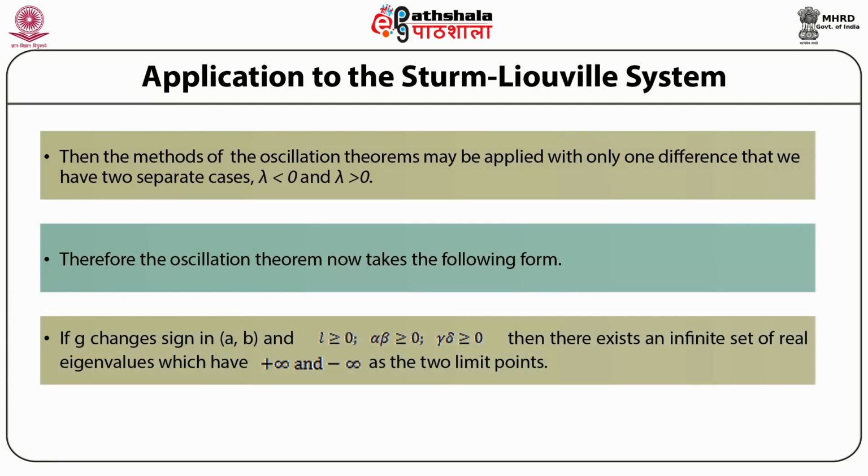If G changes sign in a to b and L is greater than or equal to 0, alpha beta is greater than or equal to 0, gamma delta is greater than or equal to 0, then there exists an infinite set of real eigenvalues which have plus infinity and minus infinity as two limit points.